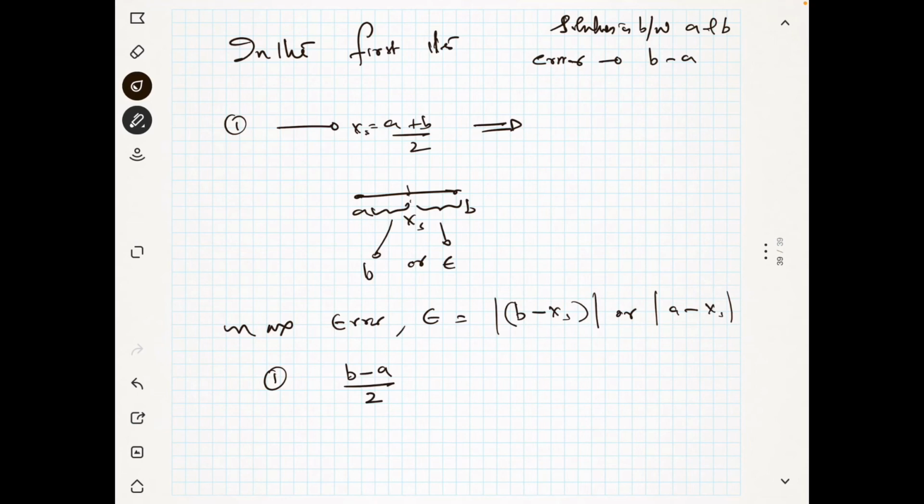Now in the second iteration, this is my error, and this is my maximum error. Or I can say in another way, in the first iteration, my error will always be less than or equal to b minus a by 2. So this is the first iteration.